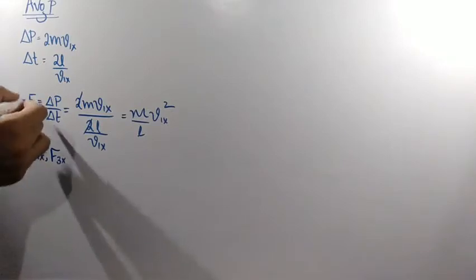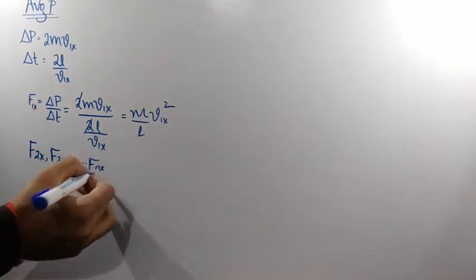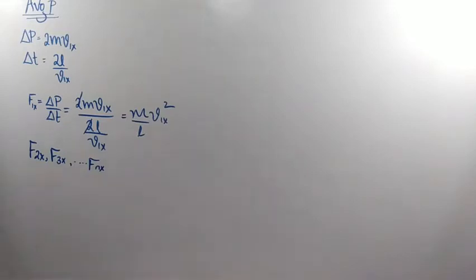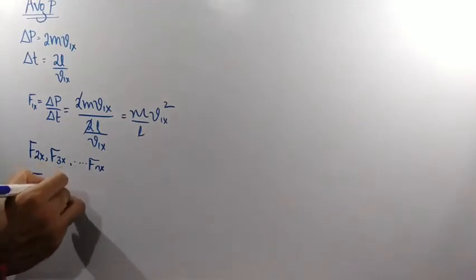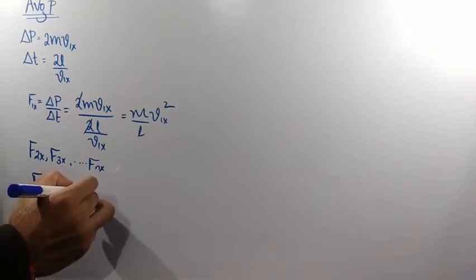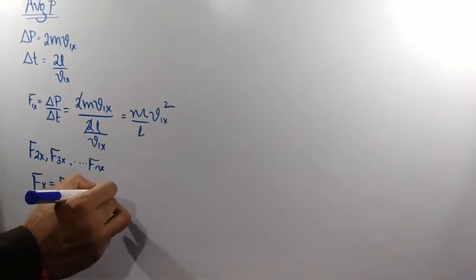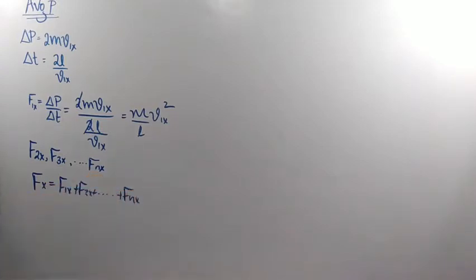Different molecules: first molecule, second molecule, third molecule, like that nth molecule, F1x, only in x direction. So the total force applied towards the x-axis is Fx, which is given by F1x plus F2x plus so on plus Fnx.